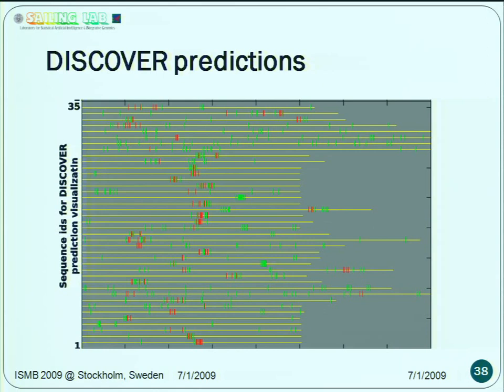Yes? Thanks for the talk. How confident are you in your validation data? Could it be that the false positives, as you call them, predicted might actually be true positives? That is a problem with binding site data in general, right?